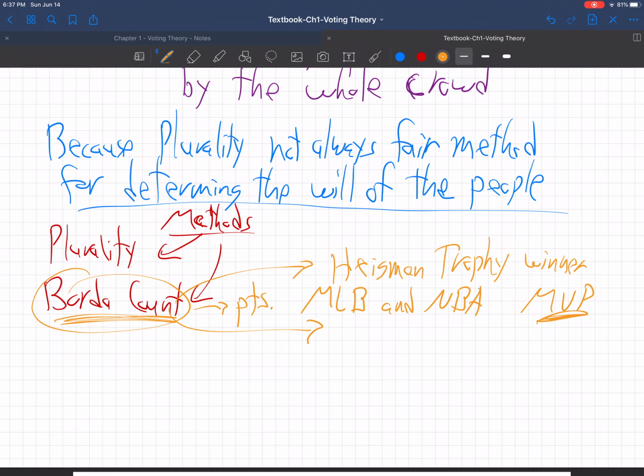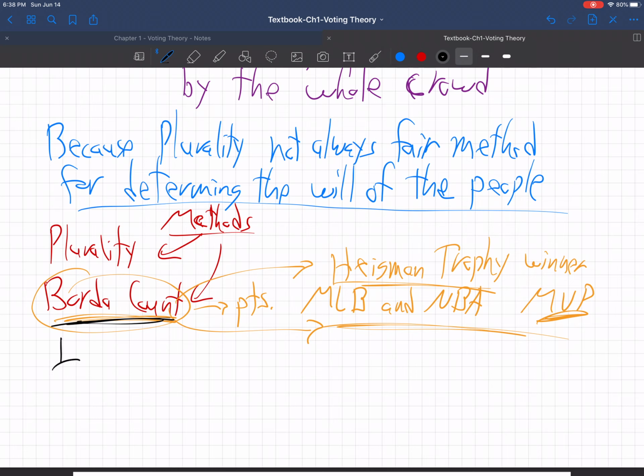So other social situations in life use other voting methods. The Borda count method is used in a lot of sports. They have the coaches vote and they add up all the points. That's how they determine it. Now, Borda count actually can do some other things that aren't fair in other situations.